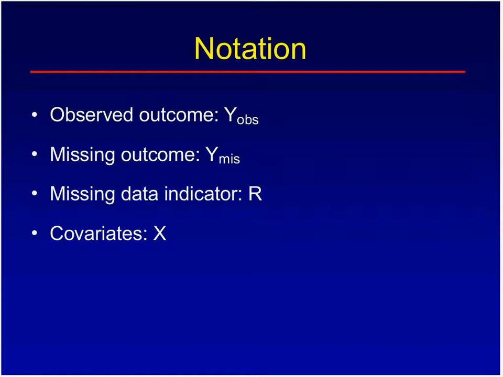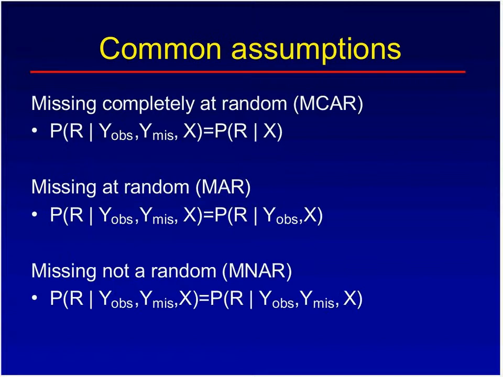So the usual way to think about assumptions about missing data has to do with the selection mechanism. What determined whether an observation was observed or missing?